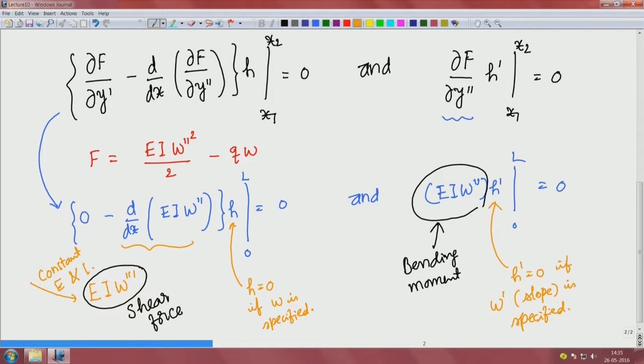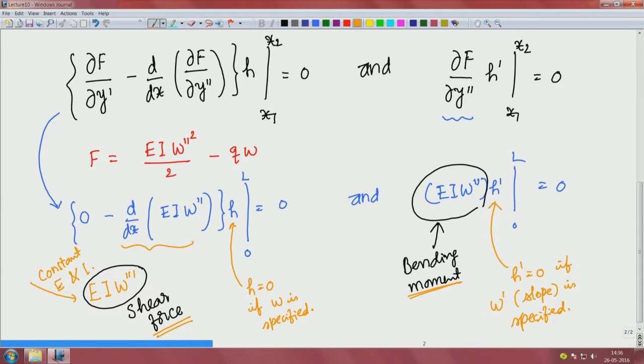You can see the connection between the boundary conditions which are essential, that is h or h prime being specified means that w or w prime are specified. They are essential boundary conditions or Dirichlet boundary conditions. When they are not specified, the corresponding ones, in this case the shear force and bending moment, are 0.